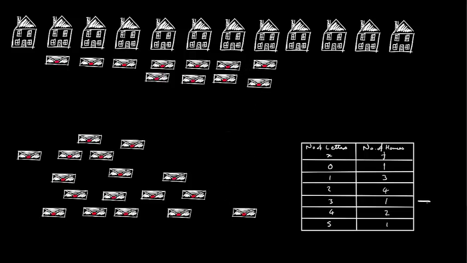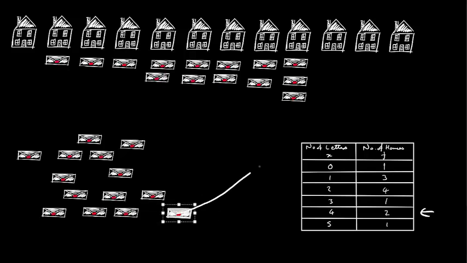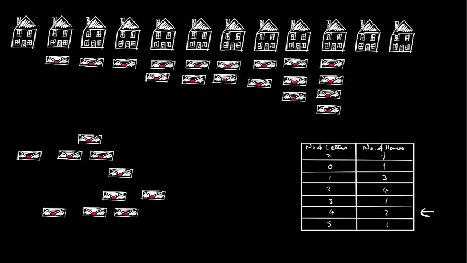Now looking at my next row, this is saying that one house receives three letters. So the next house in my street will receive three letters. The next row says that two houses will receive four letters. So this house will receive four letters, and this house will also receive four letters.